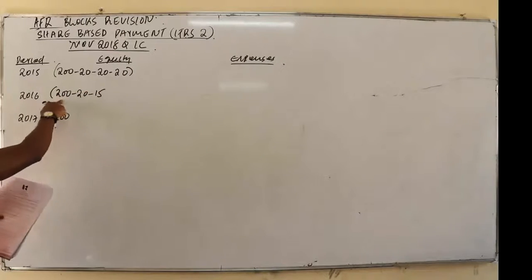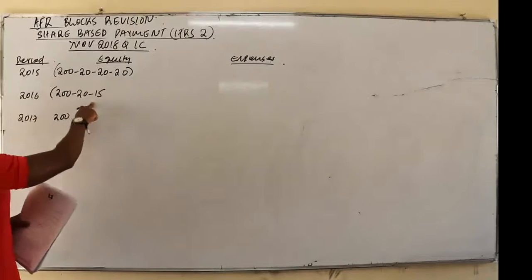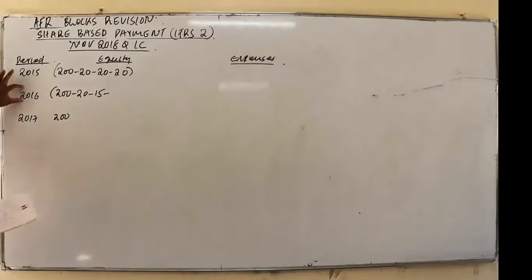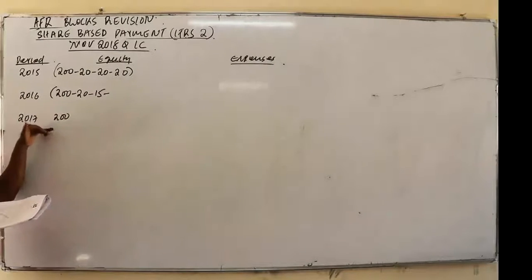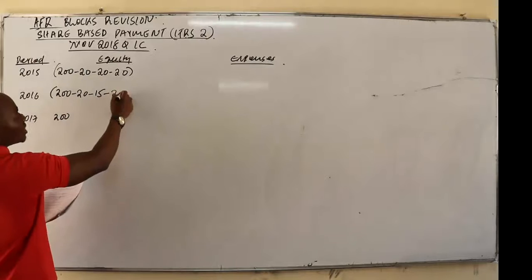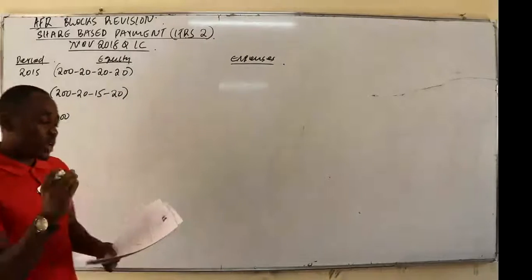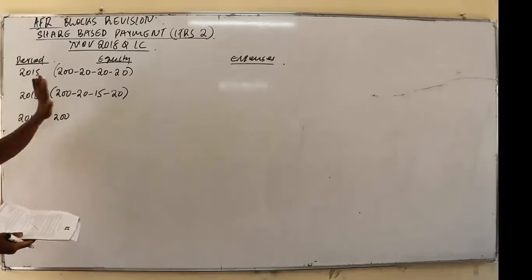So let me repeat again. We had 200 employees. During the first year, 20 left. In 2016, 15 left, minus, remember there was a provision. By the end of 2016, they had estimated that 20 will leave in each of the following years. So they have to less the provision for the next year, 2017, and the provision was 20. Now in 2017, that's when I use the actual information, because by the end of 2017 you have the actual information.